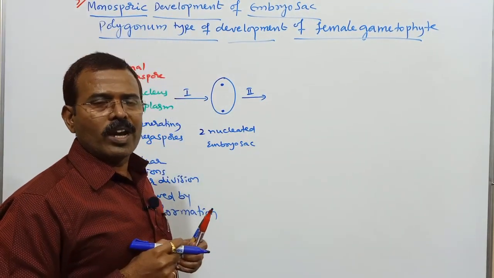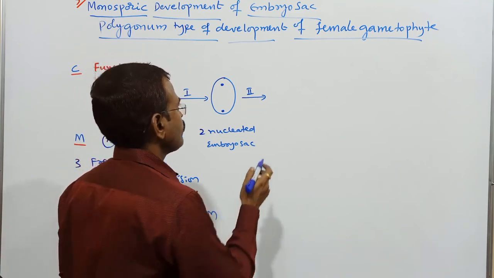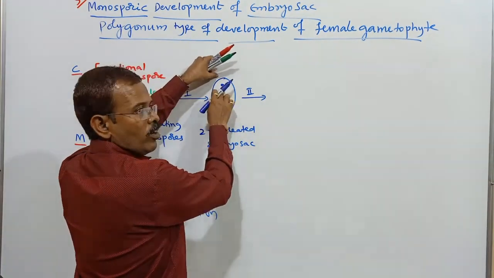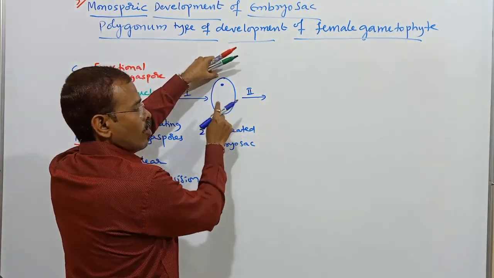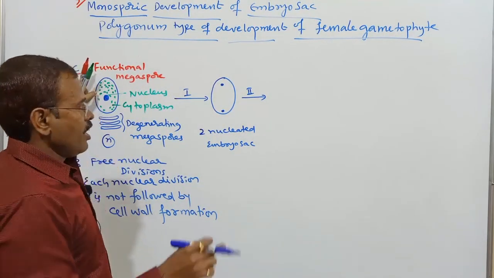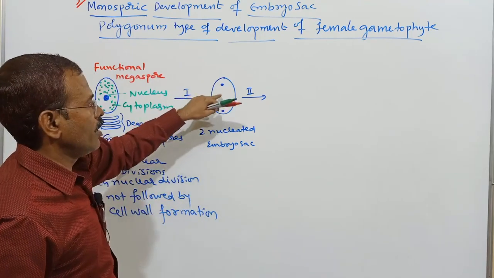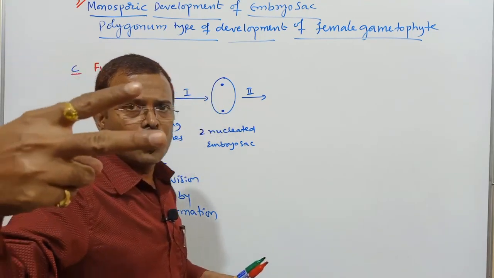Second free nuclear division, second mitotic division. This one will divide and form 2, this one will form 2. See, the nucleus has divided after the first mitotic division, and it has resulted in the formation of 2 nuclei.